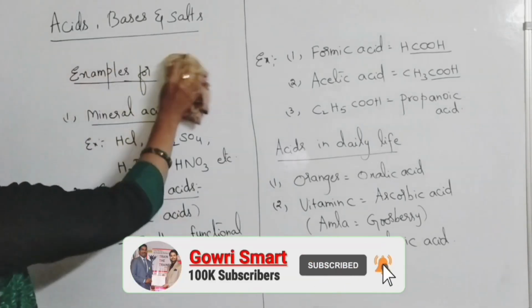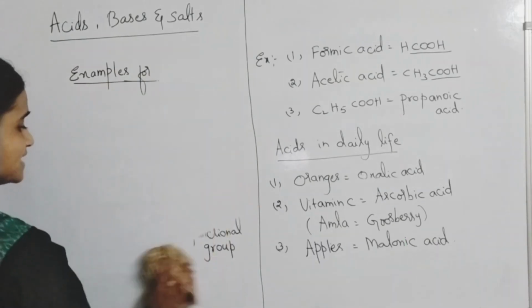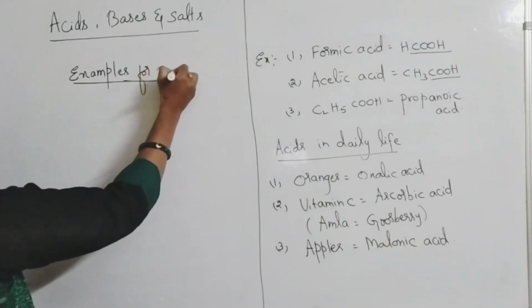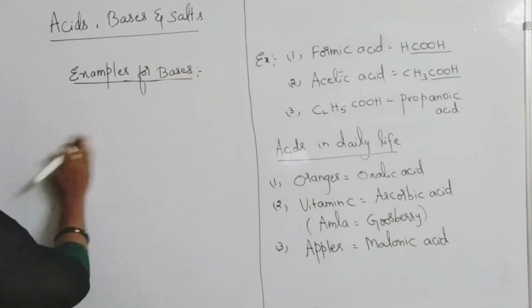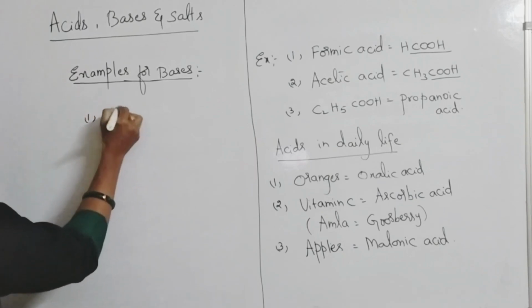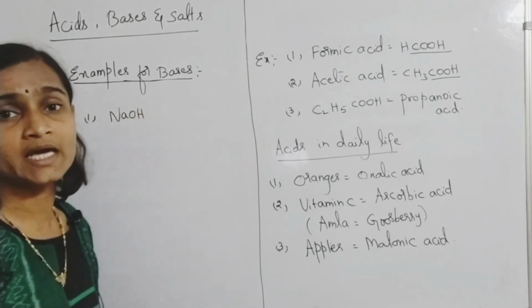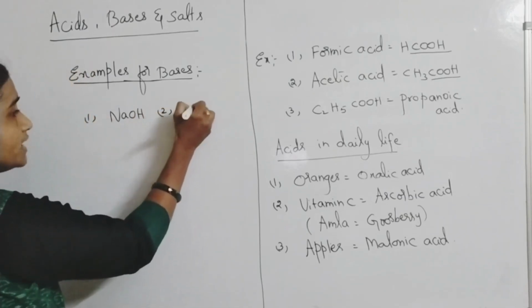Same like that, if you go for examples for bases, bases will have OH minus ions in common. You can take the example of NaOH, sodium hydroxide, and KOH, potassium hydroxide.